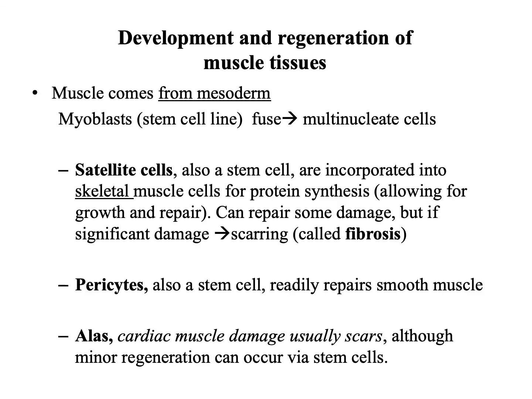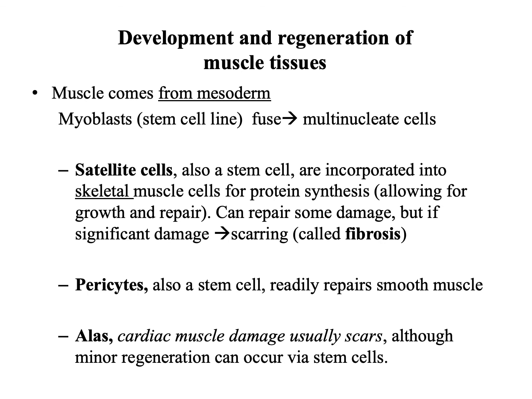I think I said this earlier with the skeletal muscle. Satellite cells can do repair. You can't do mitosis for most of your muscle cells, but satellite cells are always around. They're like a stem cell. They are a stem cell that can repair damage. But unfortunately, if it's damaged enough, it's not going to be muscle tissue anymore.